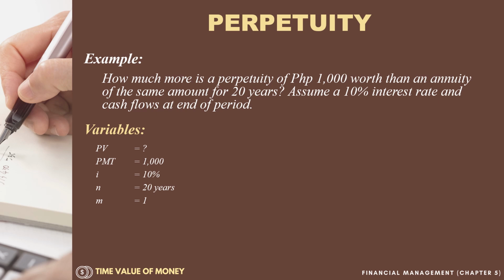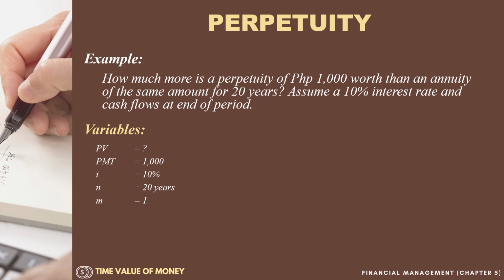PV is what we're looking for, the payment is 1,000, I is 10%, and N is 20 years. In this problem, we are going to solve for two kinds of time value of money, the perpetuity and the annuity.